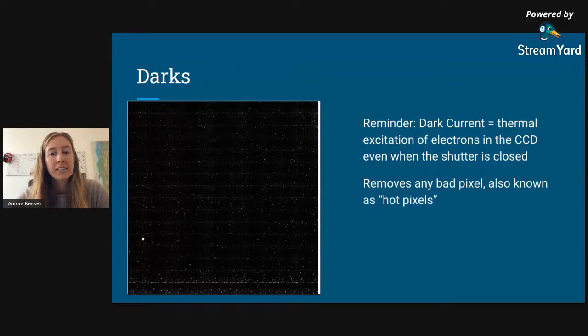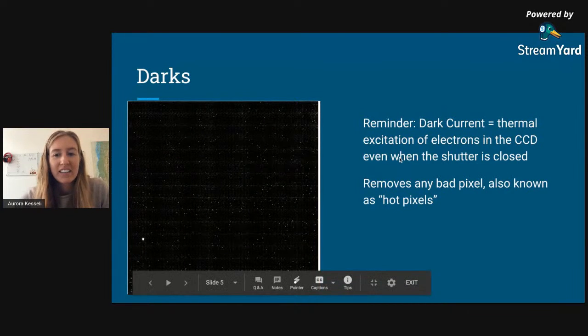And so there is a significant amount of hot pixels or bad pixels because near infrared detectors have more of them than optical detectors. And so the dark current is all these little dots on the detector here.